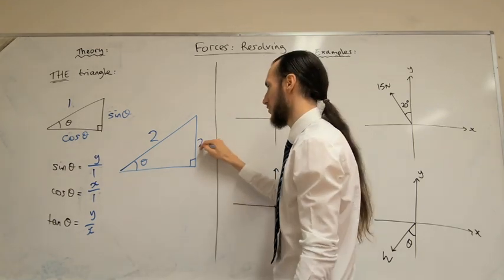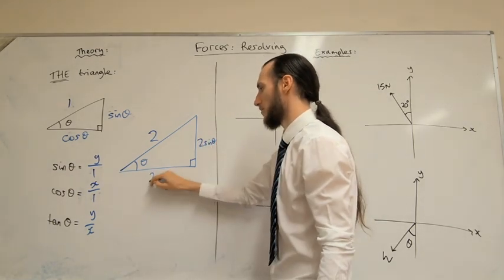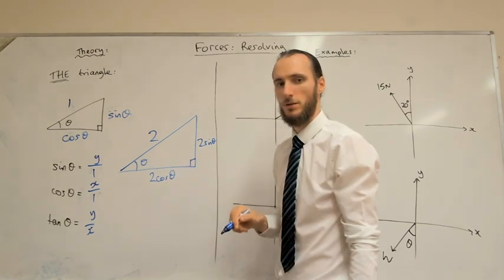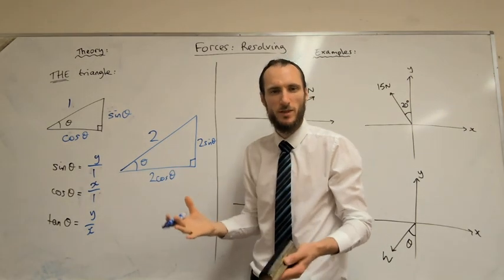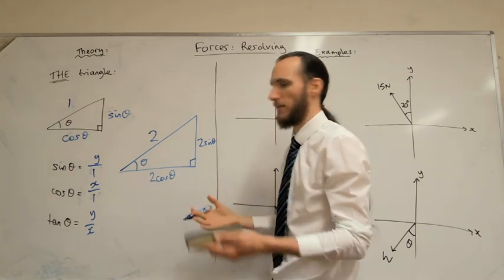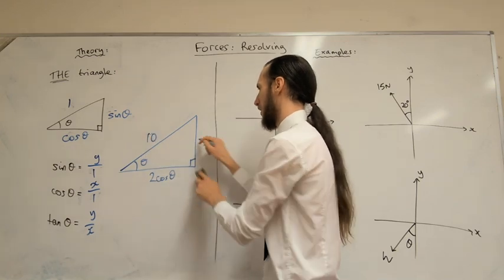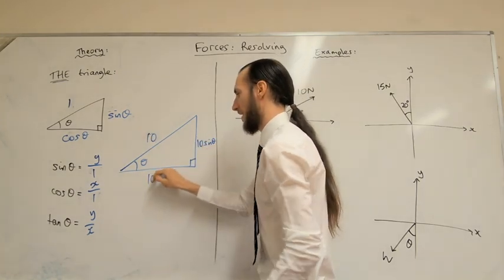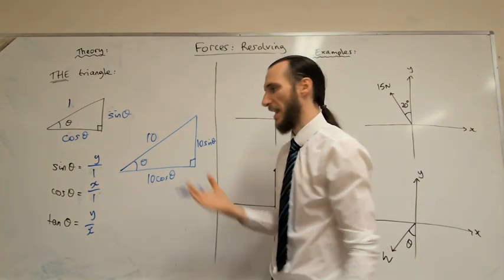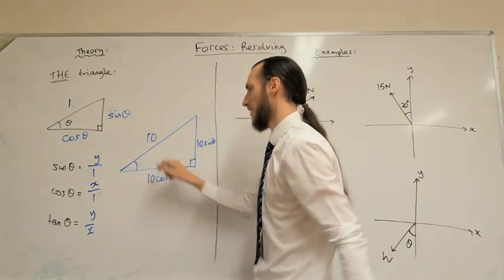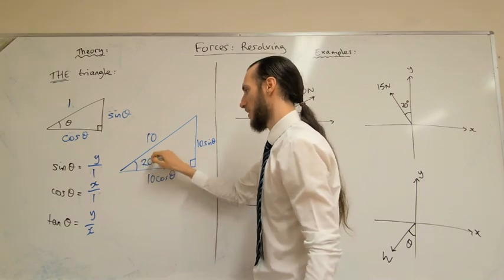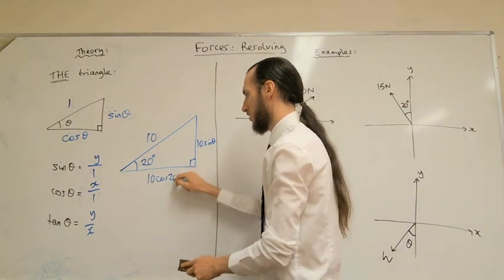So this would be 2 sine theta, and this would be 2 cos theta. But it doesn't matter what number I chose. I could choose, rather than a 2, a 10, say. I put a 10 here, so it's going to be 10 times bigger. So it'd be a 10 there, and a 10 there. And if I change the angle, say the angle wasn't theta, but say it was, I don't know, 20 degrees, then of course these thetas just change to be 20 degrees.